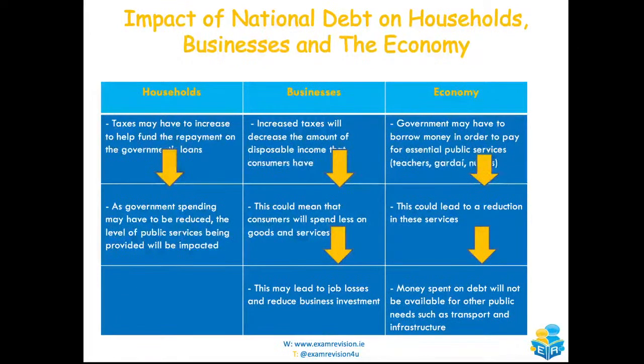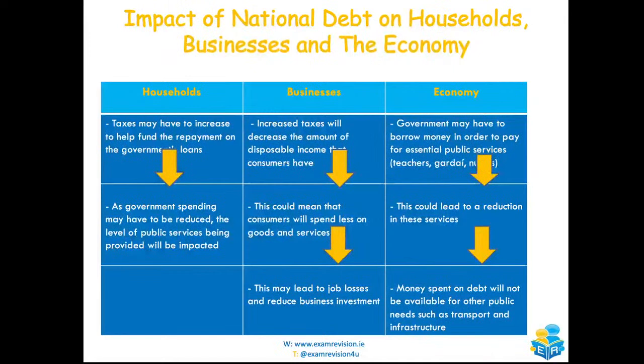From the economy's point of view, the government may have to borrow money in order to pay for essential public services such as teachers, Gardaí and nurses. So this could lead to a reduction in these services. Maybe we might not have as many Gardaí as we should, and that service might not run as well as it should, and that could even lead to an increase in crime.